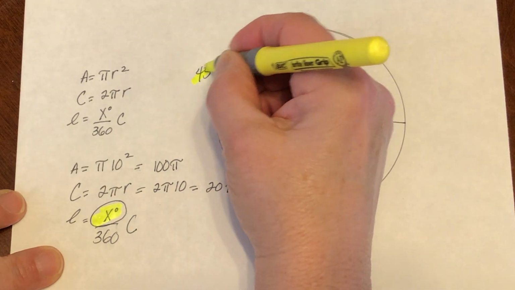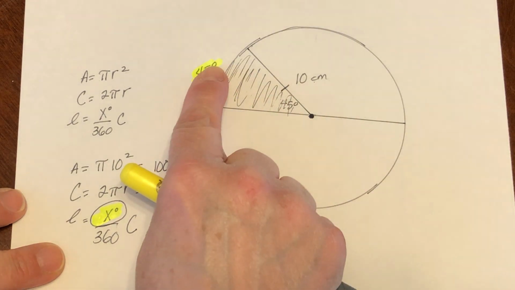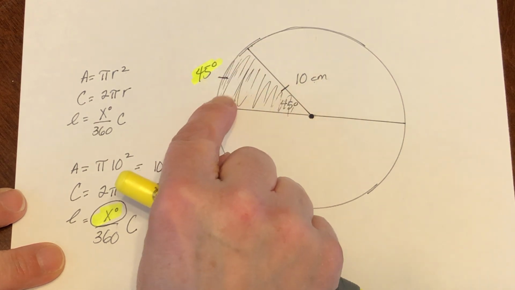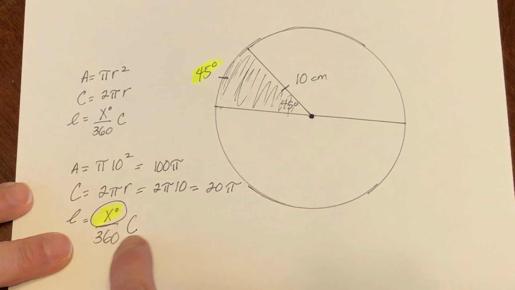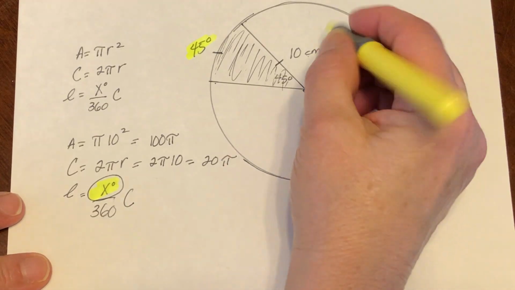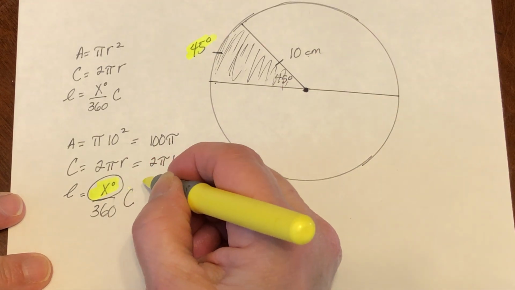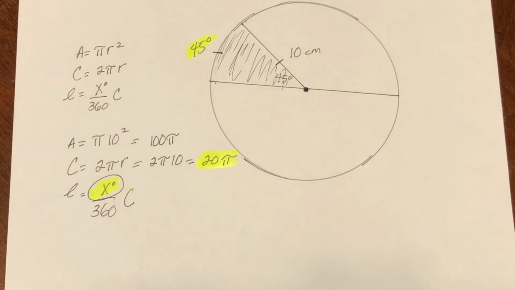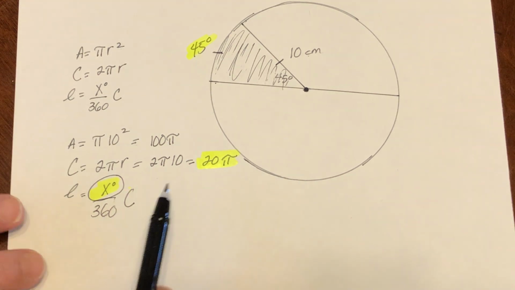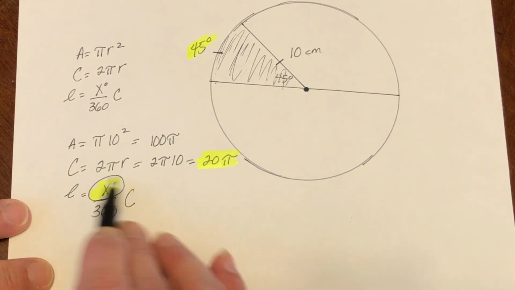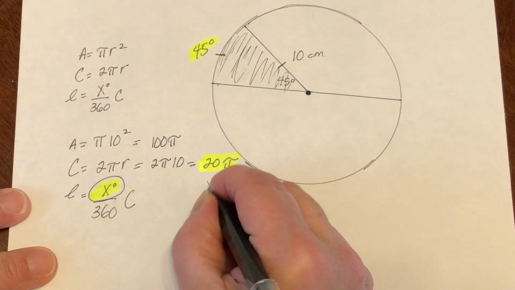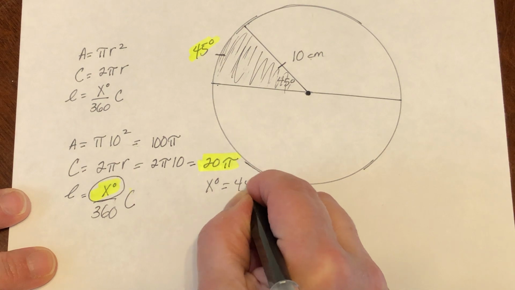That's the degree portion of the circle that I'm using right now, 45 degrees of the circle. So I'm using that. And then I multiply it by the circumference. I've already calculated the circumference, and it's right there, 2 pi r, so 2 pi times 10, 20 pi. So I have everything I need to put into this formula because I have the degrees here. X degrees is equal to 45, right?